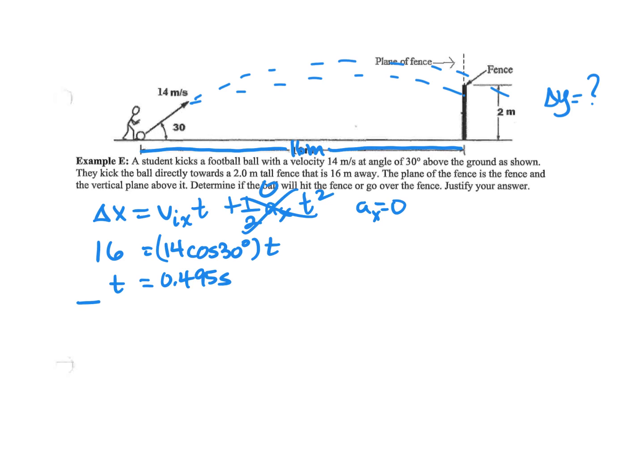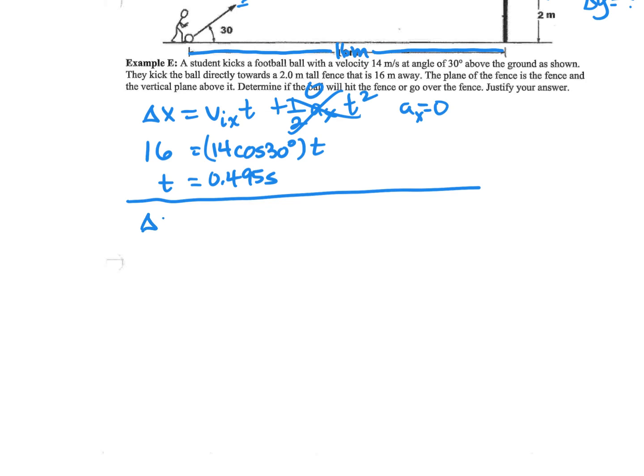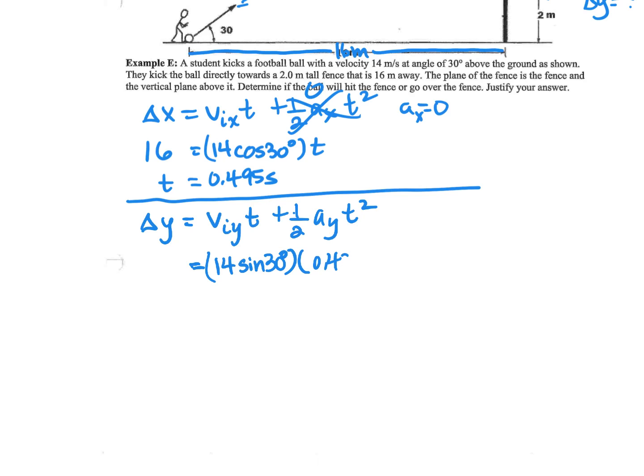So now what we're going to do is check delta y and see if it makes it over that fence. Delta y is equal to v initial y times t plus 1/2 a sub y t squared. Well, we know this is 14 sine theta, which is 30 degrees, times t, 0.495, plus 1/2 times -10 times 0.495 squared.